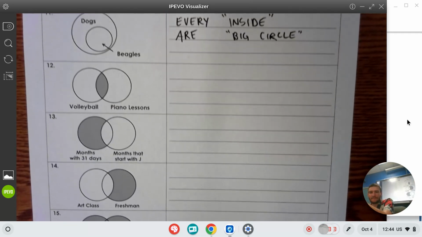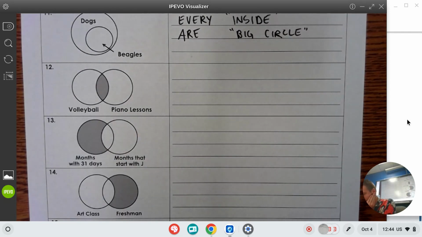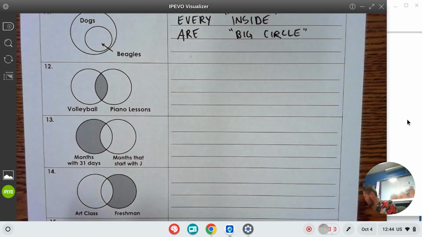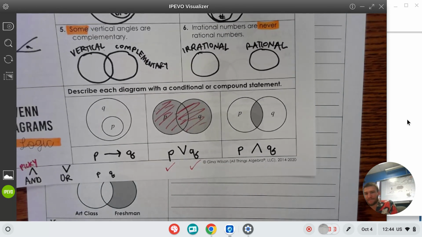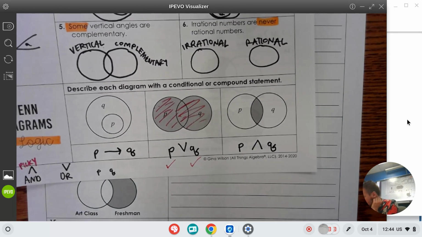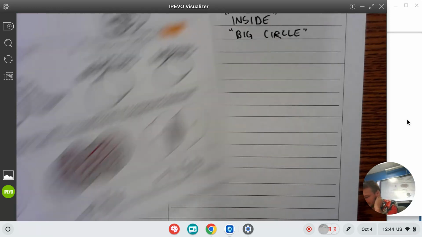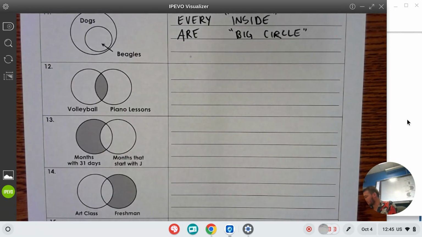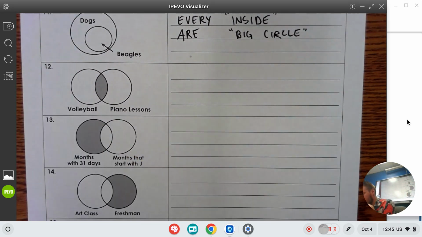Let's look at the bottom. Now, when we get to the bottom, it's a little bit different. We have the coloring that we saw on the front, okay? When we include these colorings that we have on the front, to make a sentence about this does take a little bit of strategy, okay?